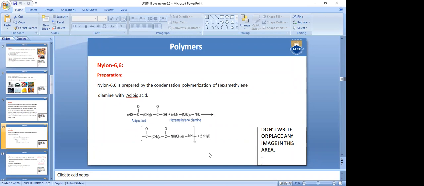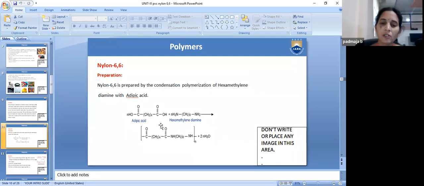By eliminating the water molecule, or HCl. For example, here in adipic acid and hexamethylene diamine, when we go for the polymerization process, there is elimination of a water molecule, and we get the polymer product, that is nylon 66.